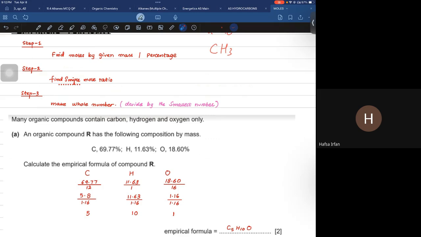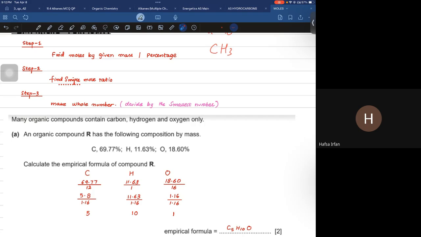If I take 2 in the case of water, the 2 would cancel the hydrogen's 2. But what about oxygen? That's the reason water is itself the empirical formula and also the molecular formula. So they can be the same, they can be different.